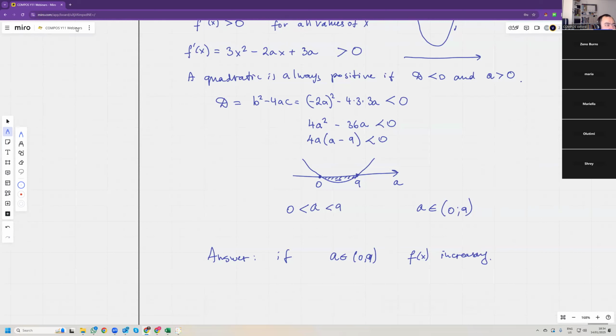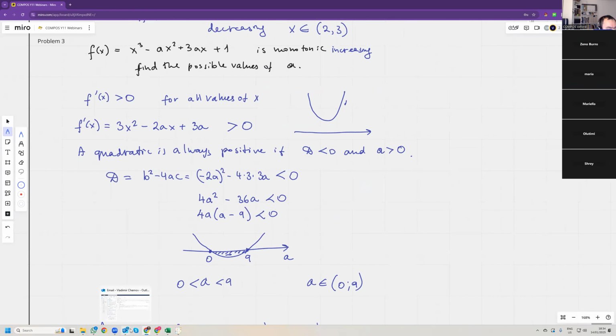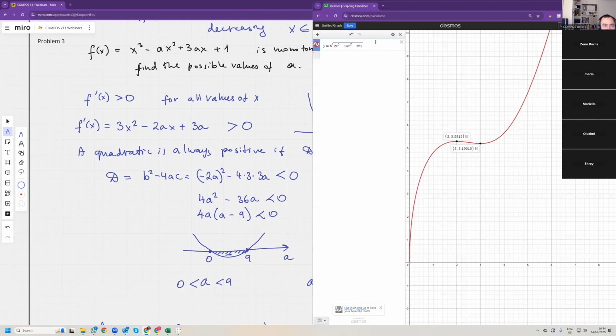Okay, let's check again. Desmos is amazing with those things. Y equals x cubed minus ax squared plus 3ax plus 1.